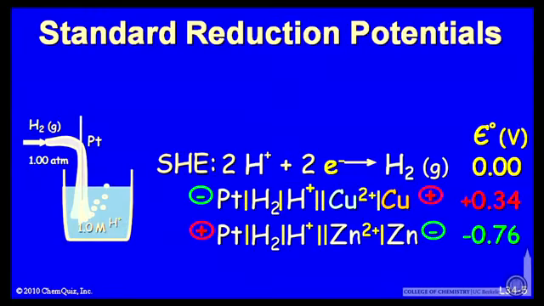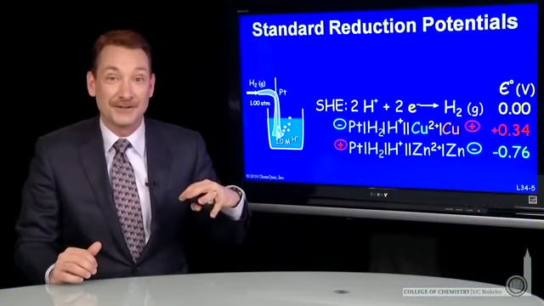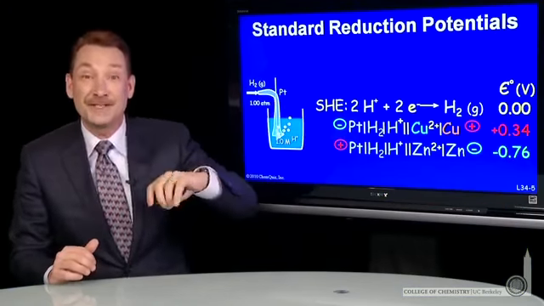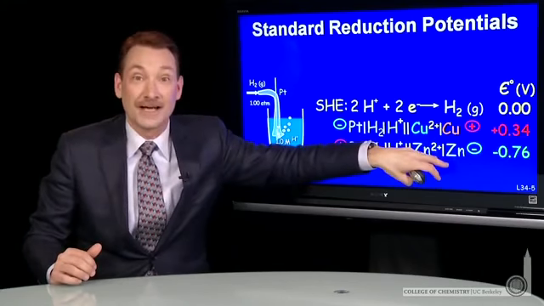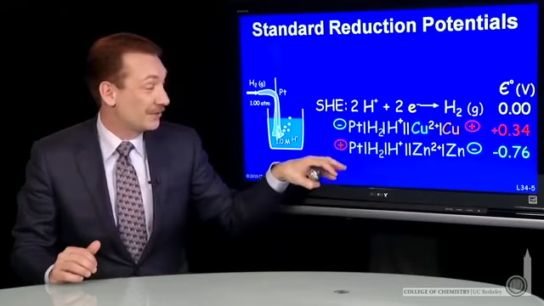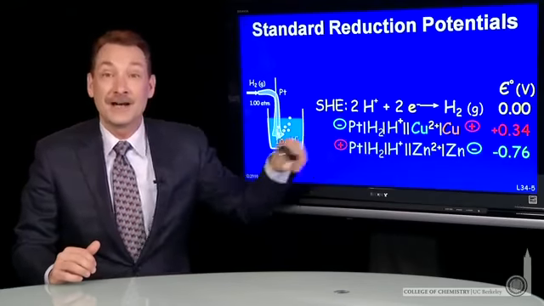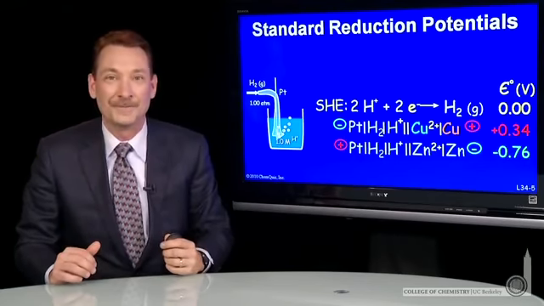If we set up that hydrogen standard electrode with a zinc metal zinc electrode, we'll have a potential of minus 0.76 volts. So the opposite potential, electrons flow in the opposite direction in this case. So zinc ion zinc metal electrode has a lower potential than the hydrogen ion hydrogen gas electrode.